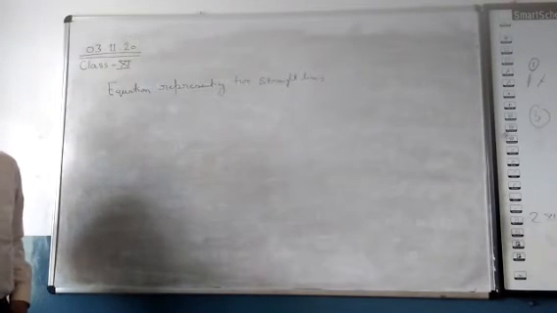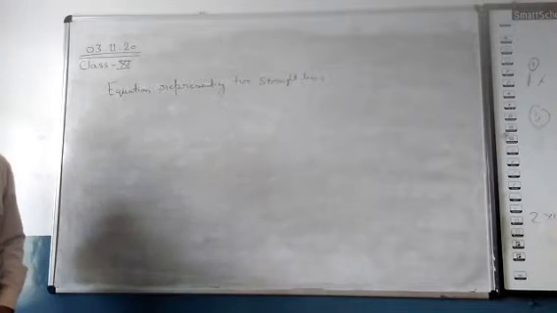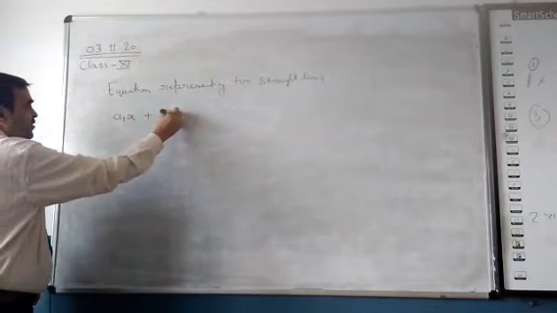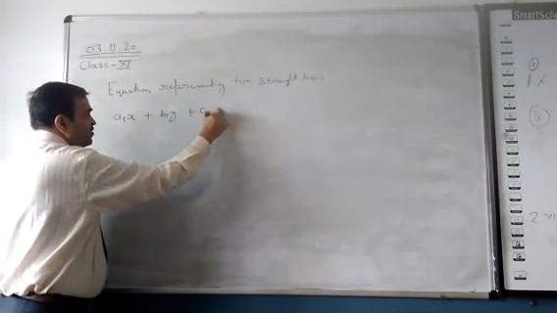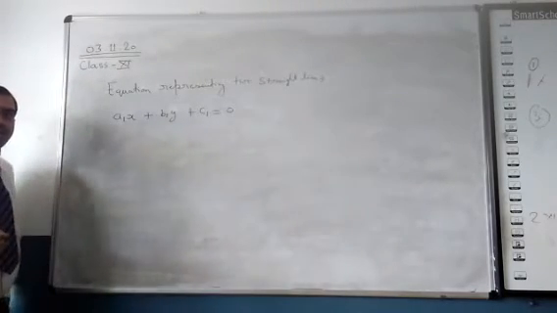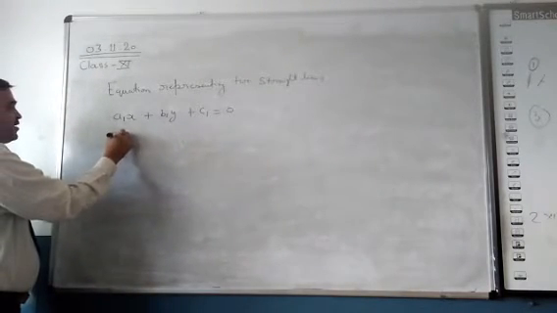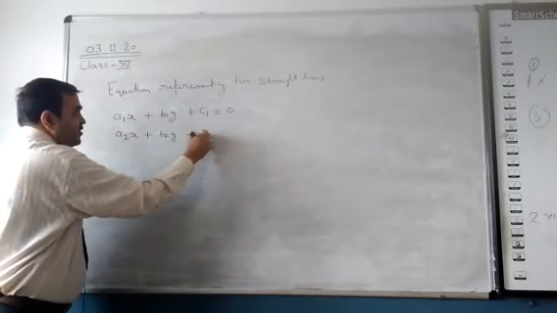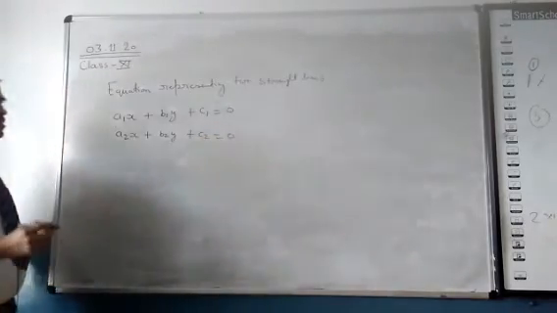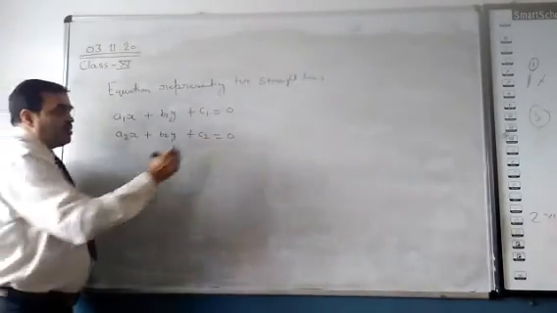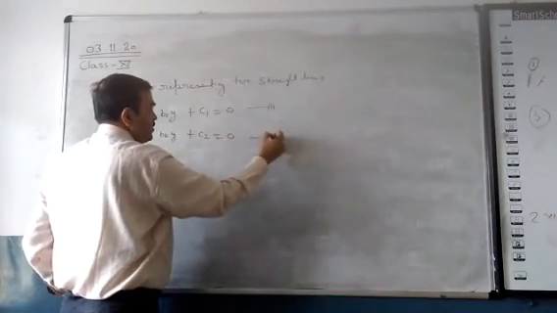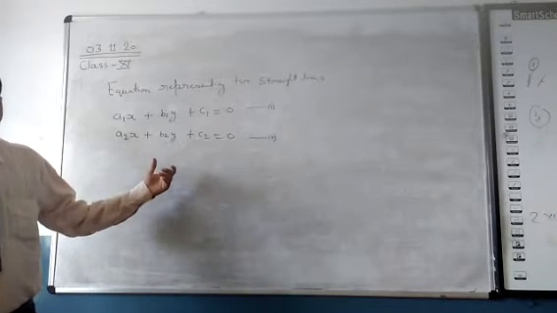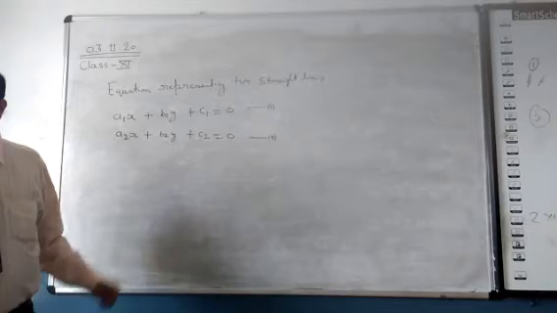Let us consider the first line a1x plus b1y plus c1 equals 0, and the equation of the second line a2x plus b2y plus c2 equals 0. Equation 1 and equation 2 show two different straight lines.